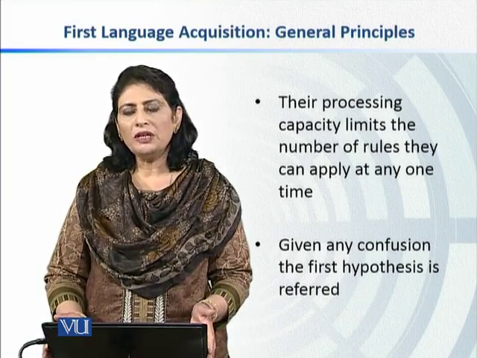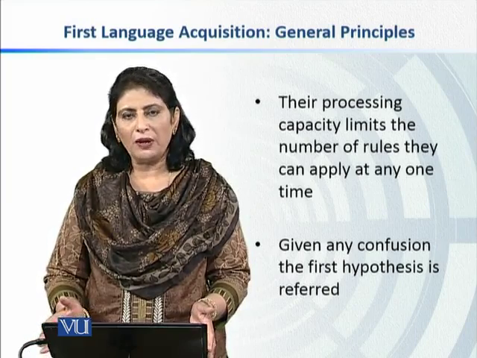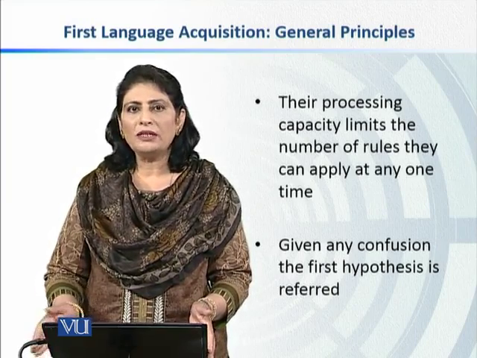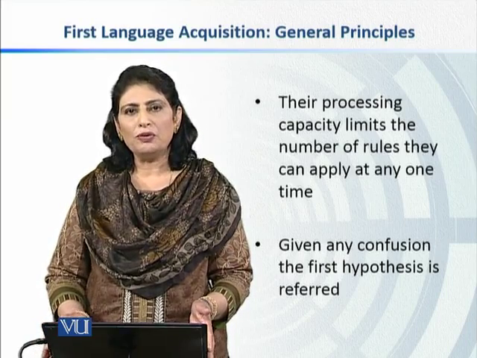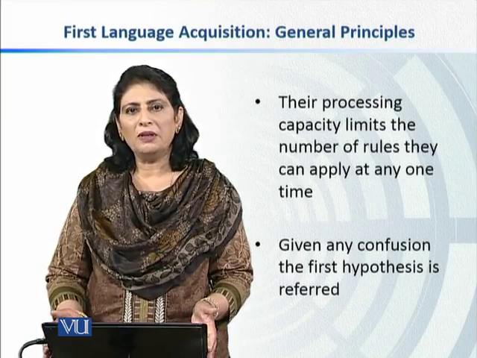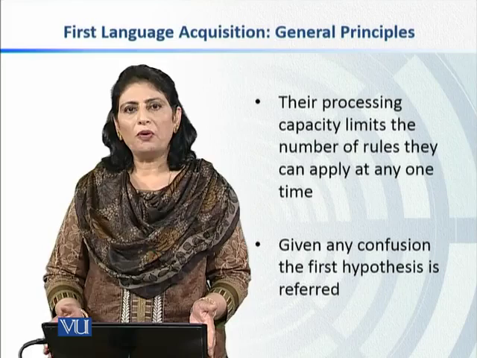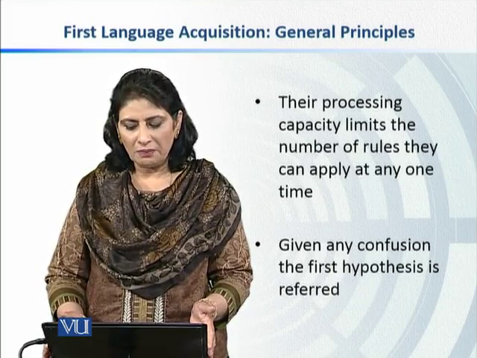So if a new thing comes up, and if language has to be used in an innovative way in a different situation, they will still apply the old hypothesis in case there is any confusion, because their capability at the given stage to process the language and to come up with new rules is limited.